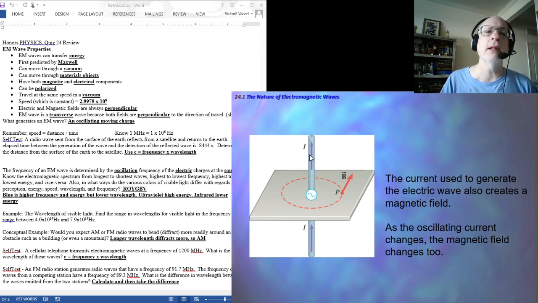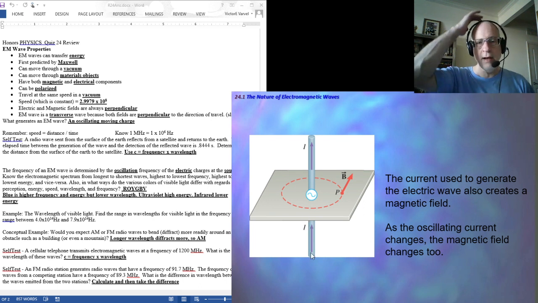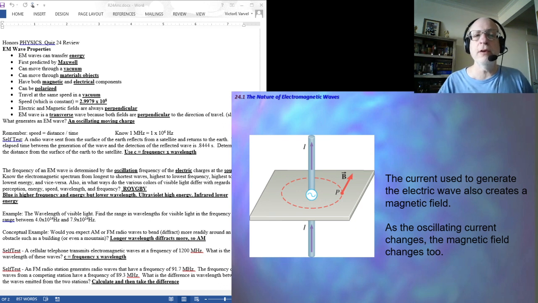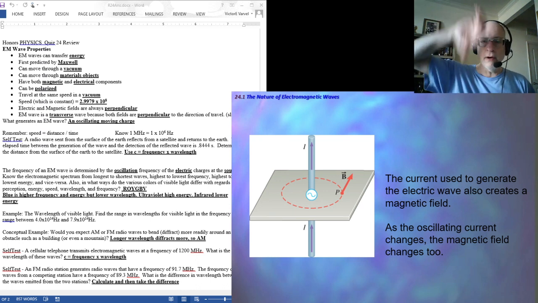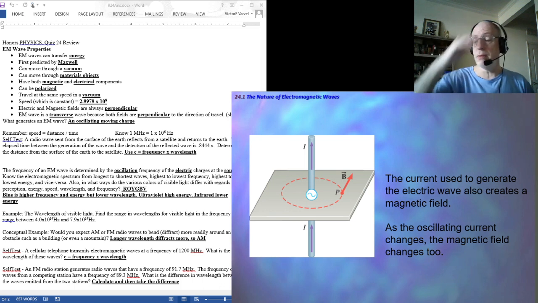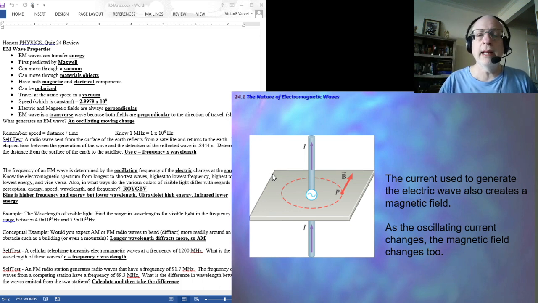So at one moment the current is this way, but at the next moment, the current will be in the opposite direction. It's oscillating, and that means that the magnetic field is also going to be switching back and forth. At this given moment, the magnetic field is going counterclockwise, but when the current switches direction, the magnetic field will be going clockwise. So it oscillates.